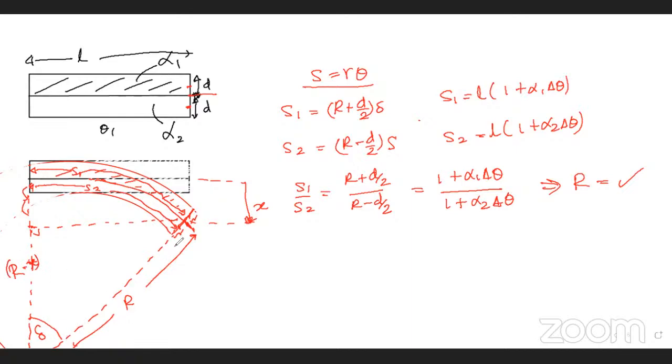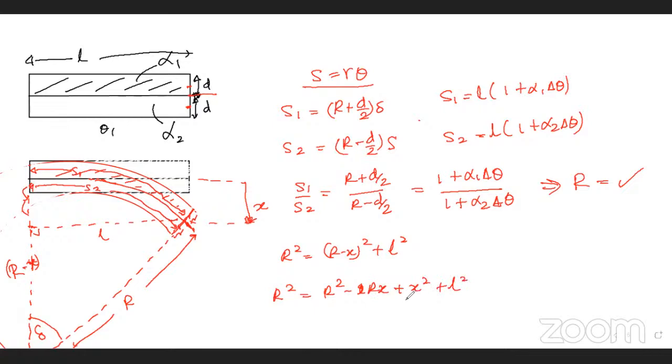And this is R and this is L. So you can use the Pythagoras theorem for that. You can write R square equals R minus x square plus L square. So then R square equals R square minus 2Rx plus x square plus L square.